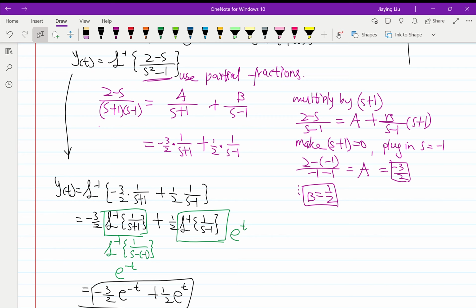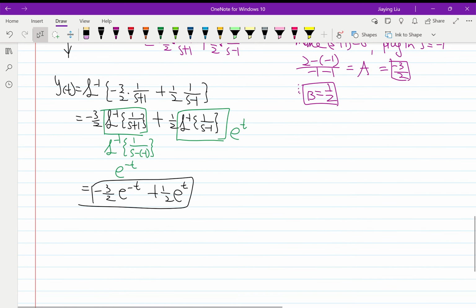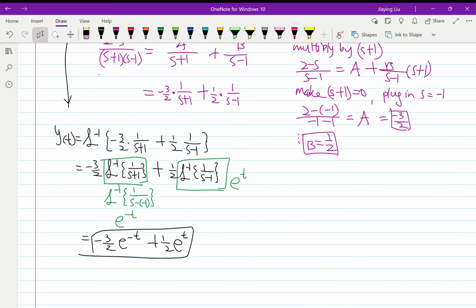You studied s translation last lecture, right? You might have to use that. There's something you have to do to make it into the form that you can actually apply the inverse Laplace transform. So that's the puzzling part. Any questions?